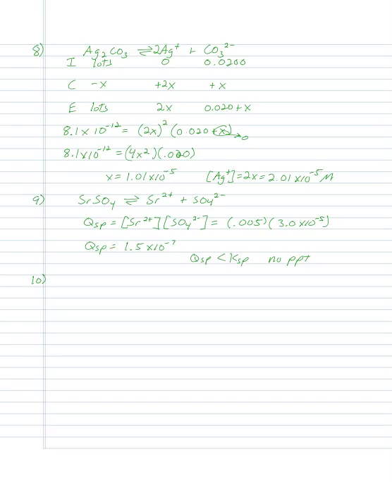Let's see, number 10. So addition of a common ion to a solution containing a slightly soluble ionic compound has which effect? Well, as we saw up here with number 8, when we added a common ion, we added that carbonate, that's a common ion, we saw that the concentration of silver was quite a bit decreased from what it was before.